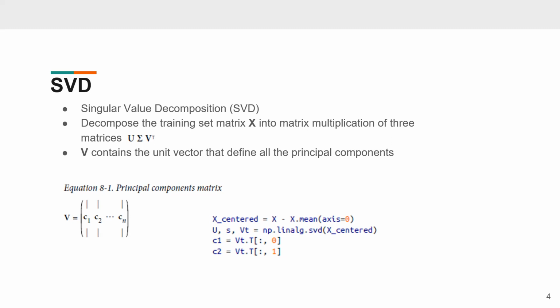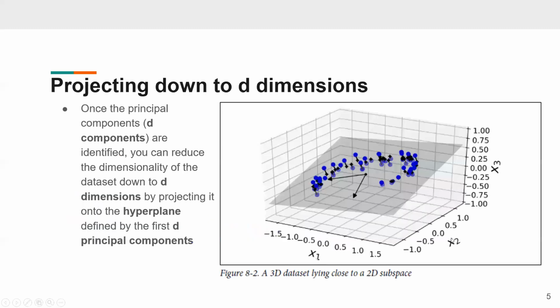And C2 would be the second component. So the way you can do it here is to leverage this SVD on centered data to come back with your first component and second component. In scikit-learn, you could leverage SVD. Okay.